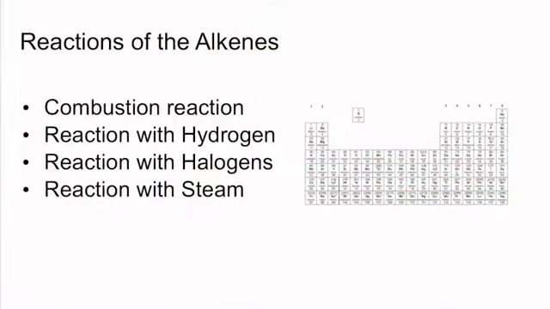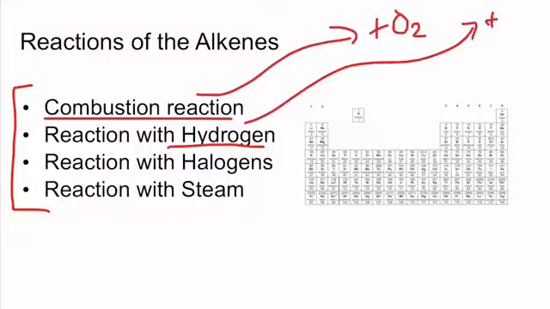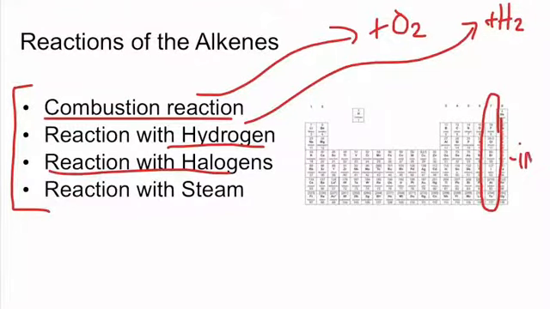Alright guys, so now we're going to get on to the reactions of the alkenes, and we have 4 that we're going to look at today. First of all, we have the combustion reaction, and you'll remember from last video that combustion just means reacting something with oxygen. Then we have a reaction with hydrogen, and as the name suggests, that's just reacting it with hydrogen. Then we have a reaction with the halogens, and if you look at this periodic table here, the halogens are these group 7 elements here, and they usually end in INE.